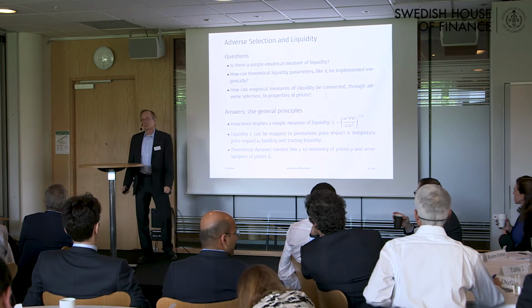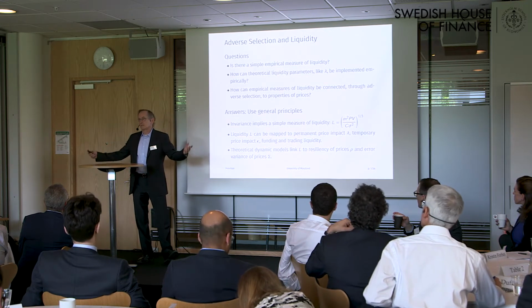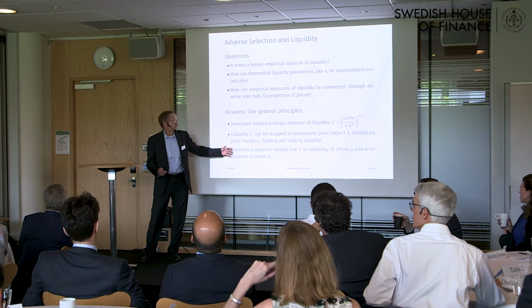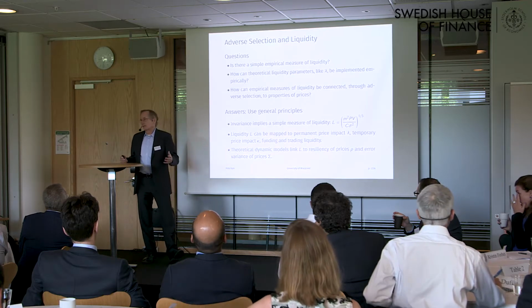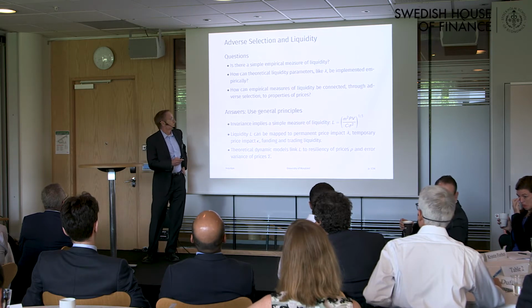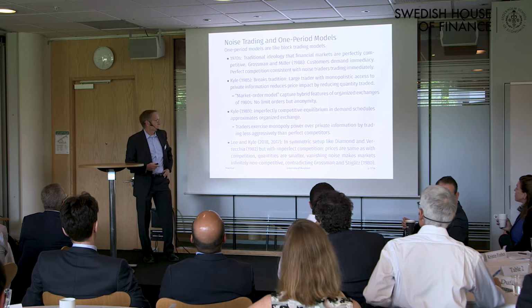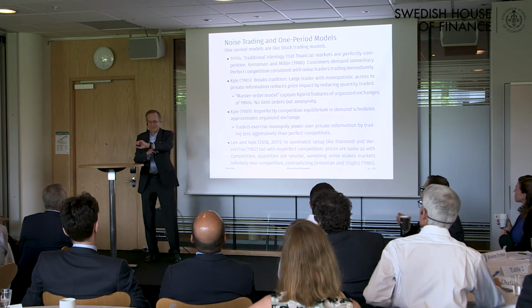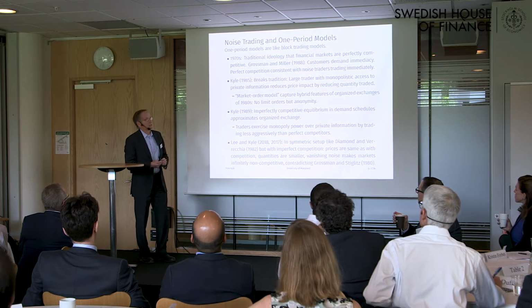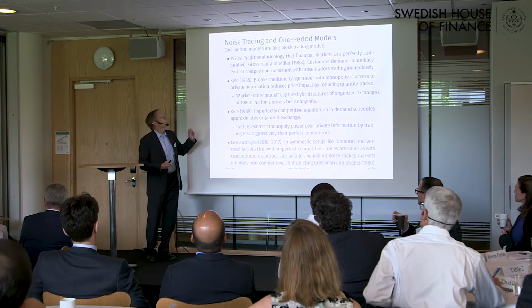Then I'm going to show that when you connect this liquidity parameter to theoretical models, you can actually talk about things like the informativeness of prices and the resiliency of prices that are important, I think, for thinking about market efficiency. I've got lots of slides here, so I'm not going to get through all of them in 25 minutes, so I'll probably skip some as I go along, but certainly not this one.